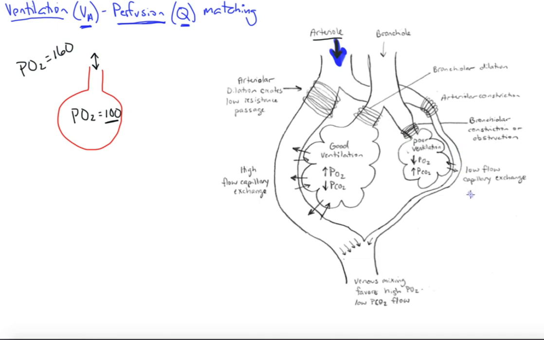Remember, the venous blood would be carrying blood flow out away from the lung surface, the respiratory membrane surface, and would be much better oxygenated. So let's make sure we have our colors right there for oxygenated and deoxygenated.